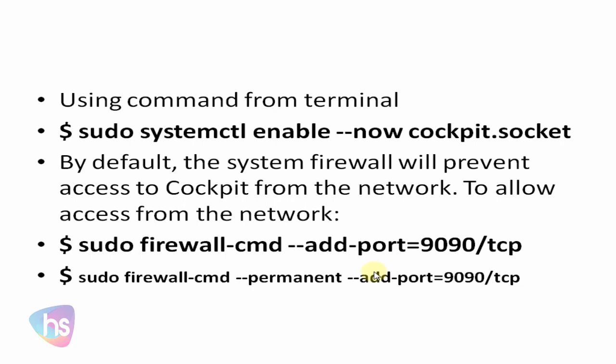By default, the system firewall will prevent access to Cockpit, hence you need to enable that service also: sudo firewall-cmd --add-port=9090/tcp. It indicates that we are giving permission for TCP port 9090 to access the server, and we are writing a firewall rule using the firewall-cmd command.